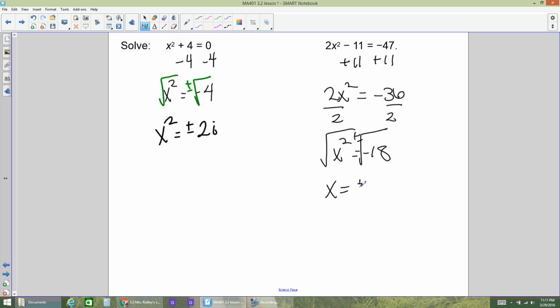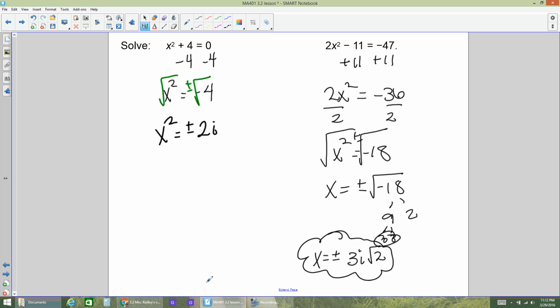Get x equals plus or minus the square root of a negative 18. 18 is 9 and 2. And 9 is a perfect square. It's a 3. So I get x equals plus or minus 3i radical 2. The i comes from the negative 1 that's hiding in there with the 18. The 3 comes from the 9.